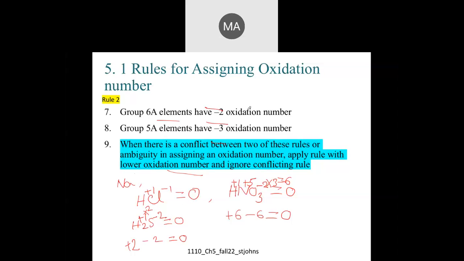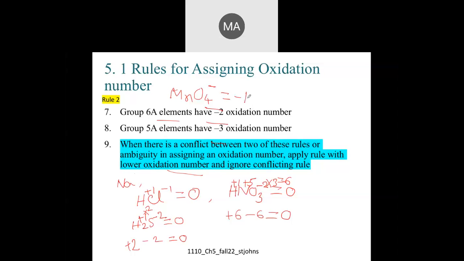And for a polyatomic ion, why is it not 0? Because it has an ionic charge, correct? So let's see the example here: MnO4, this is -1. So the sum of the charges here will be -1.